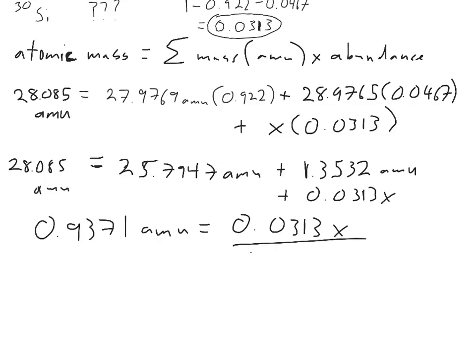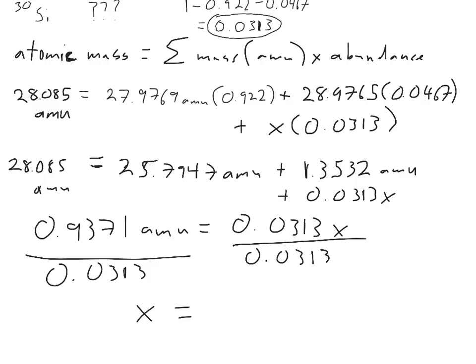Divide both sides by 0.0313, we can solve for x. We get a value of 29.9392 AMU, writing more spaces than necessary.